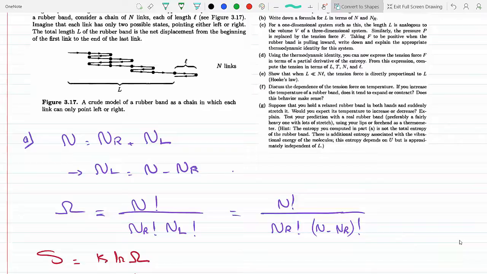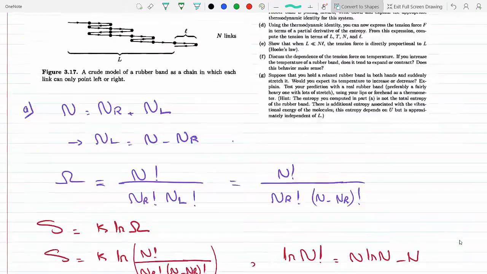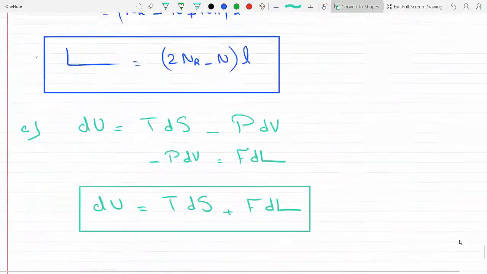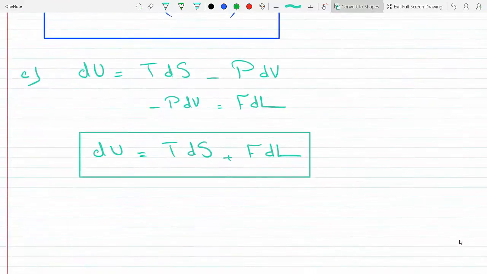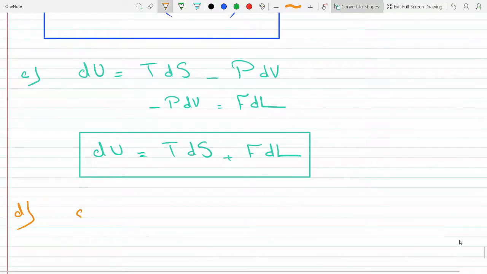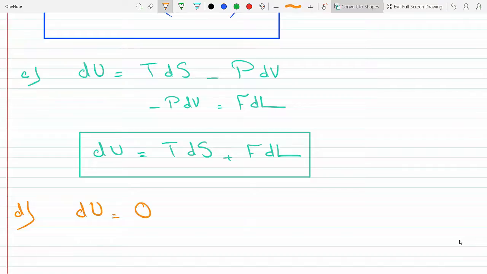Okay, well, assuming that when we stretch the band the energy remains unchanged, we will use the fact that dU is equal to 0. There's no change in the internal energy of the band.